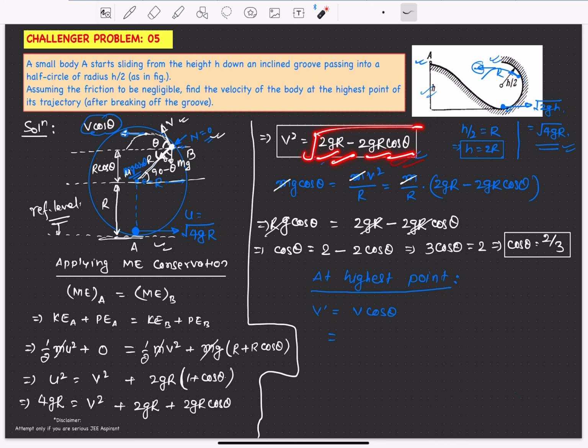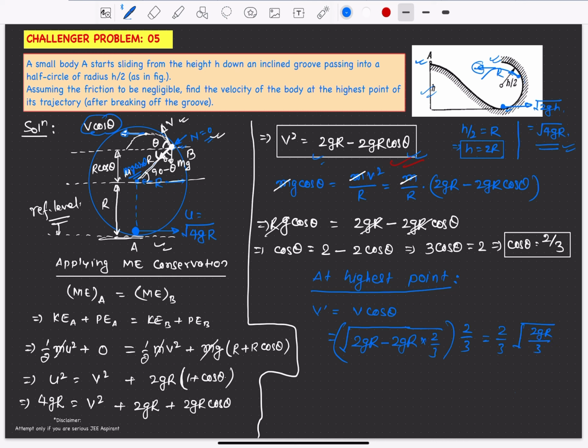You have to take the square root. v will be the square root of 2gr minus 2gr cos theta. Cos theta comes out to be 2 by 3. After calculation, it comes out to be 2 by 3 times the square root of 2gr by 3.